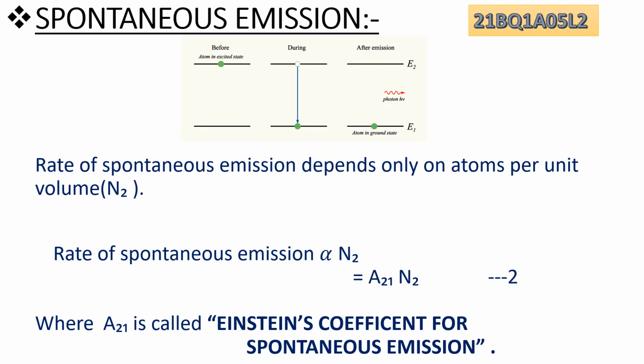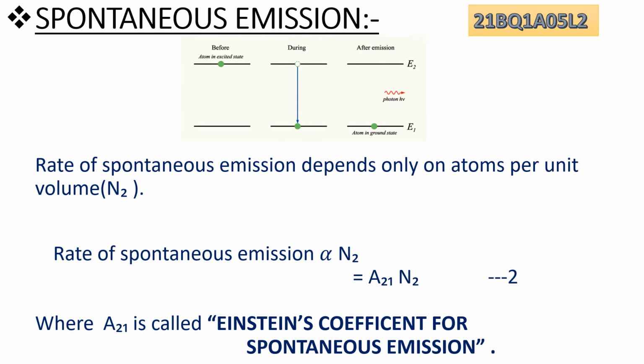After its lifetime, the atom de-excites to its ground state spontaneously by emitting a photon of energy h nu. This phenomenon is known as spontaneous emission, or the transition of particle from higher energy level to lower energy level without the external source is known as spontaneous emission.